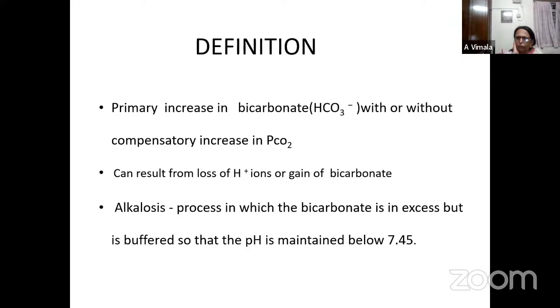Loss of H ions occurs as in vomiting, ileostomy, etc. Or there can be a gain of bicarbonate, as in bicarbonate infusion or diuretic use. Alkalosis is a process in which bicarbonate is in excess, but it is buffered so that pH is maintained below 7.45. Alkalemia is the correct term to use when the pH increases above 7.45, but we usually use them interchangeably.